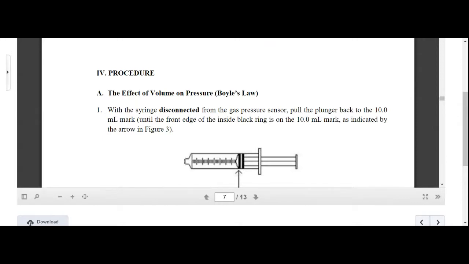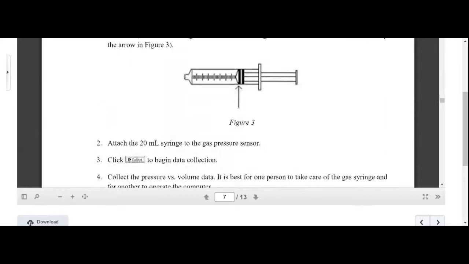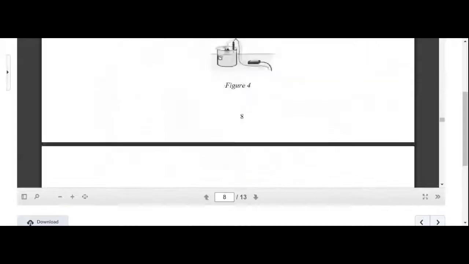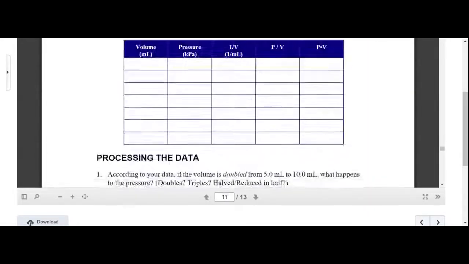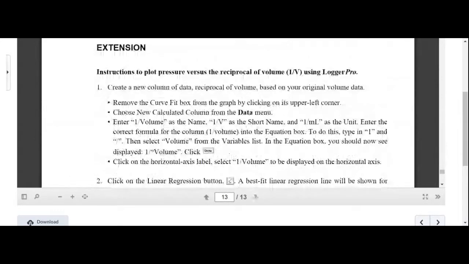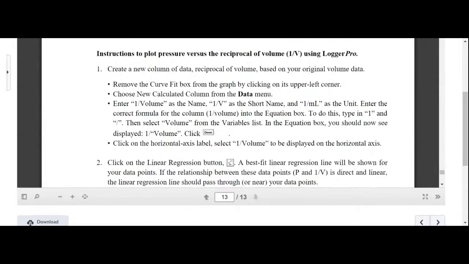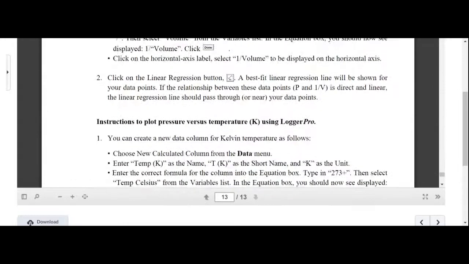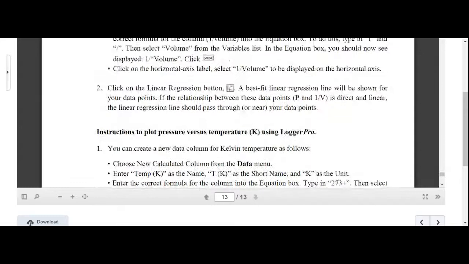And I will let you know what the last part is. Extension using the Logger Pro. No, what you do is you just plot the graph.